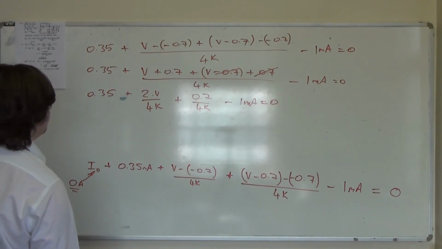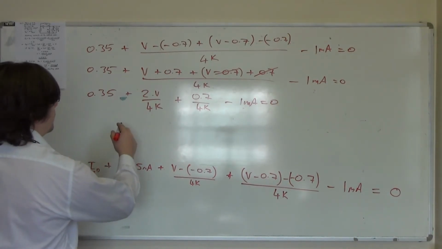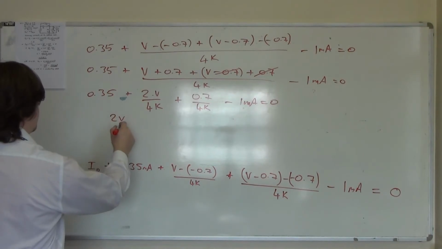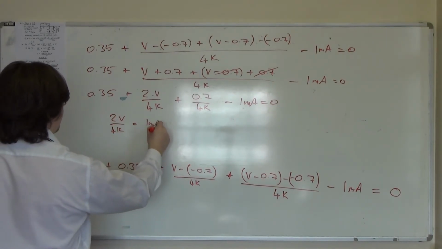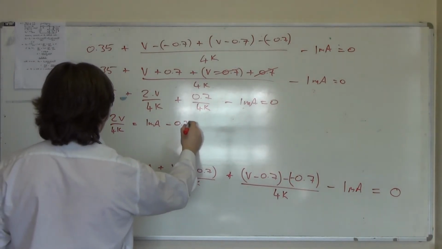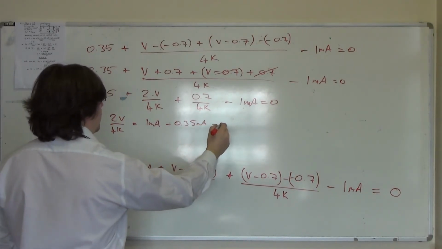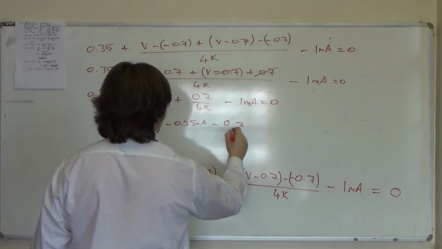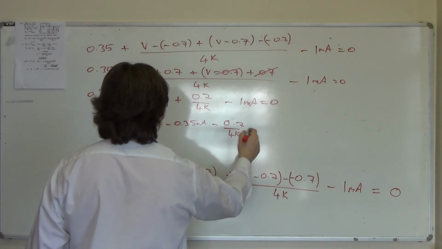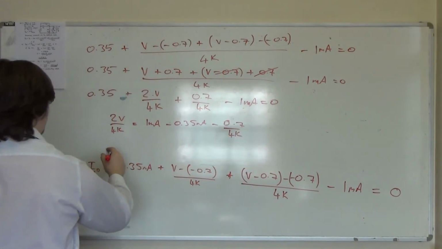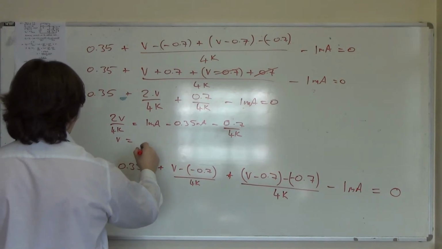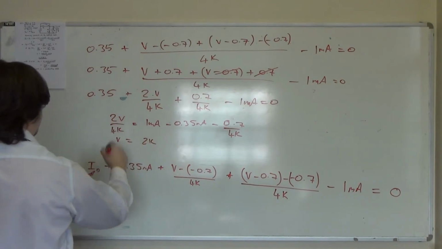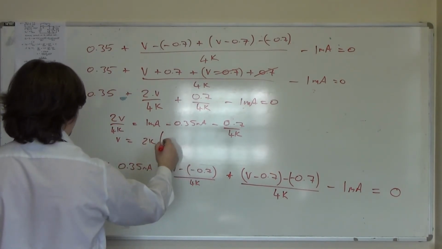I've just got to get this for V now, so I'm going to do 2V over 4K is equal to a milliamp minus 0.35 milliamps minus 0.7 over 4K, and then I'll do V is equal to 2K, so I've divided 3 by 2 times that lot.